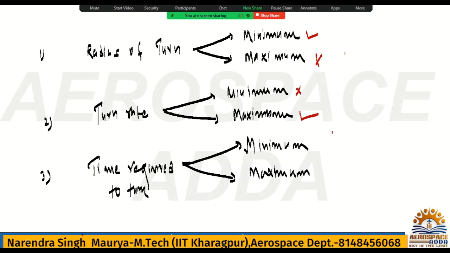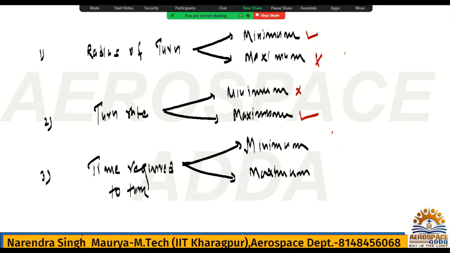Again the time constraint I told you. If you are turning your bike or car, if turn rate is very small, it will take more time, and time required to turn obviously should be very less because of the time constraint, because of the fuel constraint.